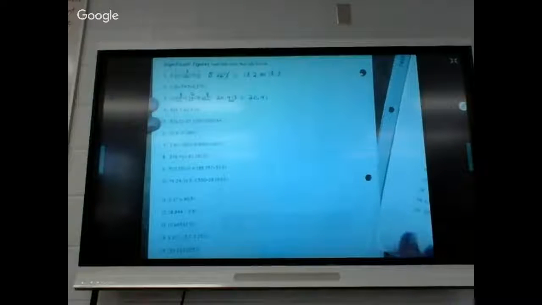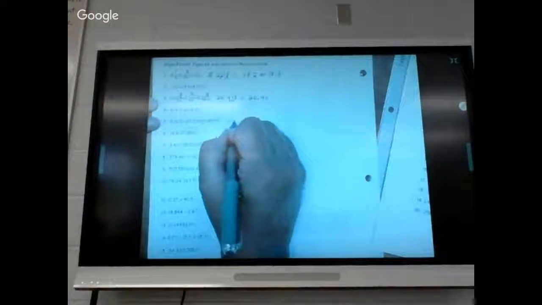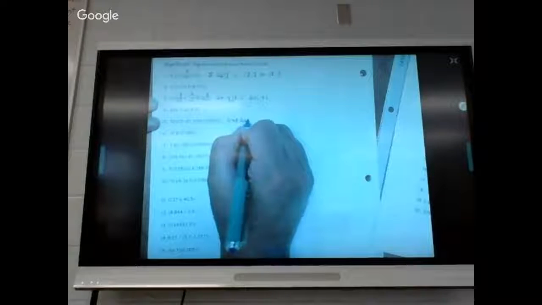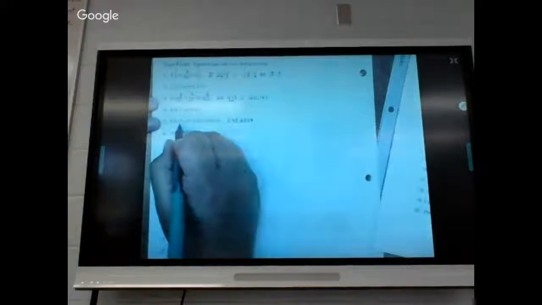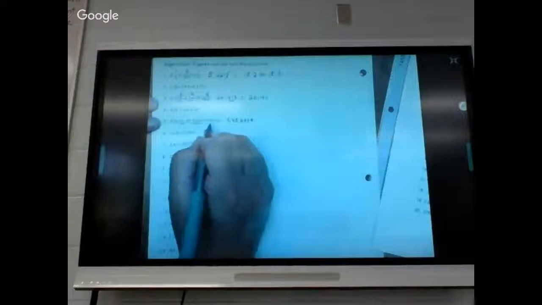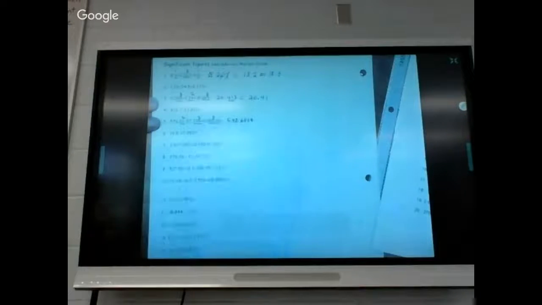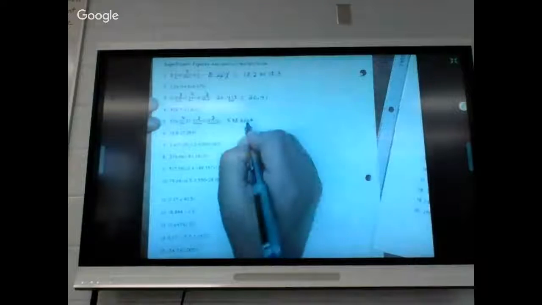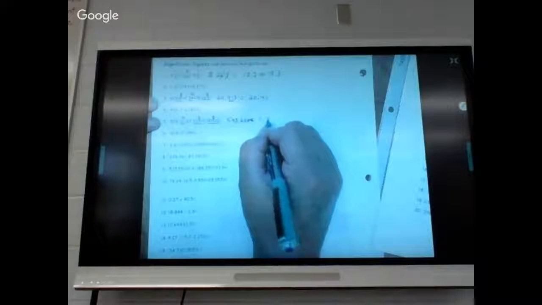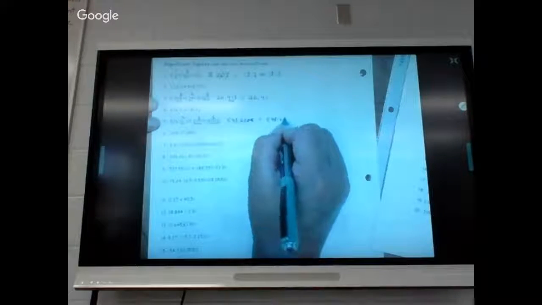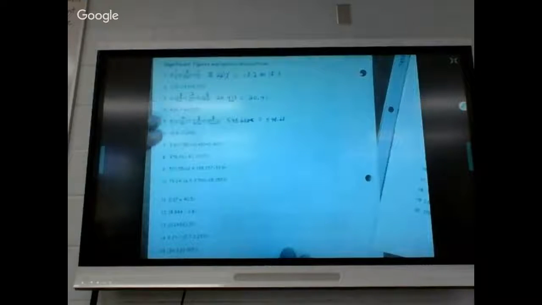Number 5, when we add that up, we get 548.6804. We have 2 places, 3 places, 5 places. We only want 2, so we're going to drop those, and we get 548.68.